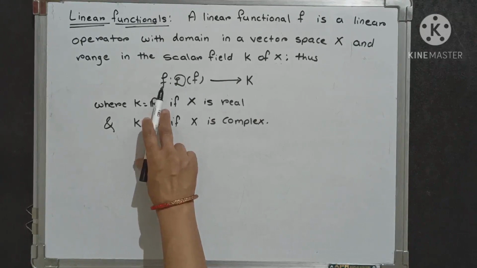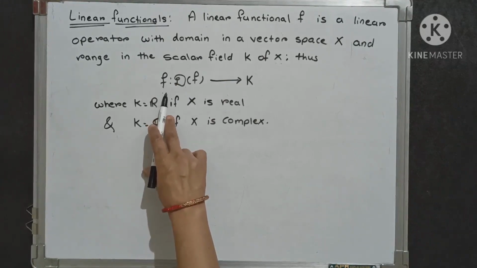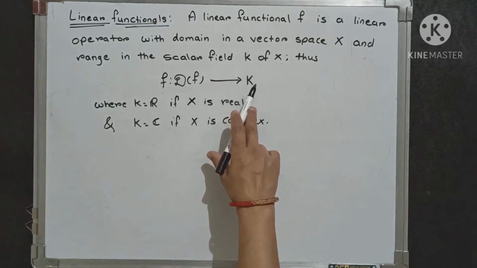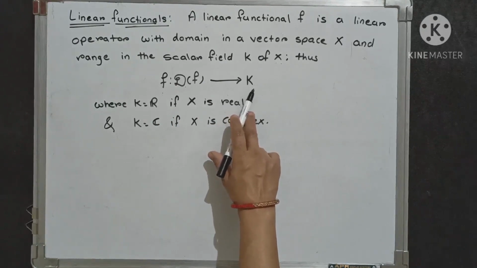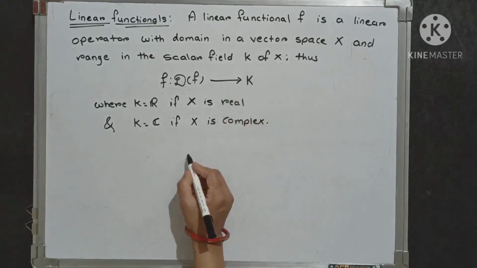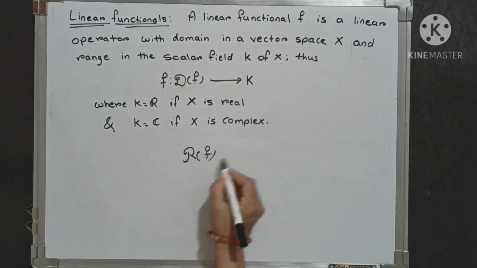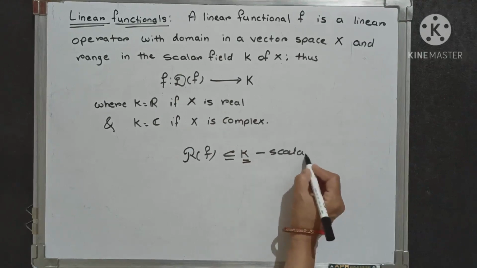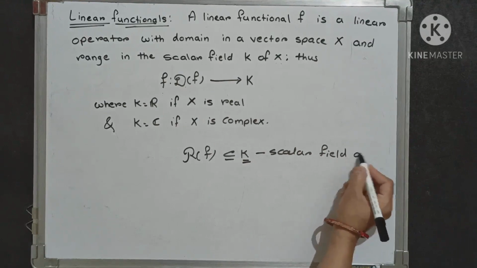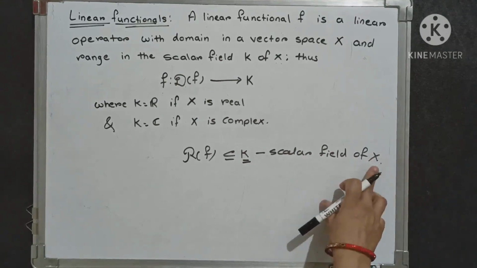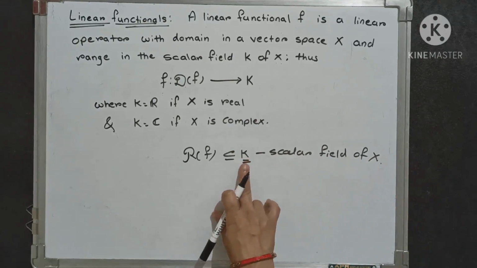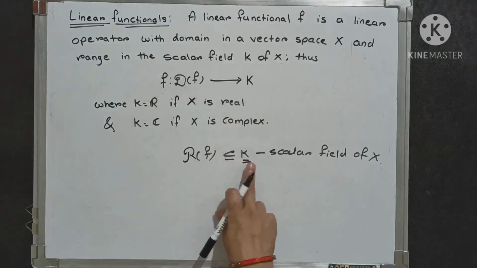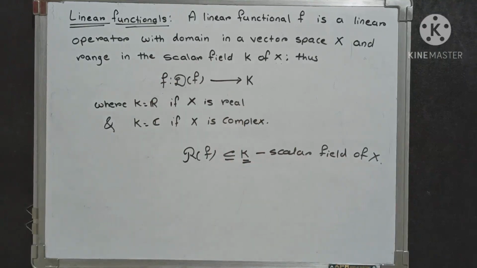That means F is a linear operator with the condition that the domain is in a vector space and the range lies in the scalar field K of X. That means script R of F is a subset of K, and this K is nothing but the scalar field of X, because X is a vector space and therefore has a scalar field, which is K. As F is a linear functional, its range lies in a scalar field of X. That is the condition for the linear functional.